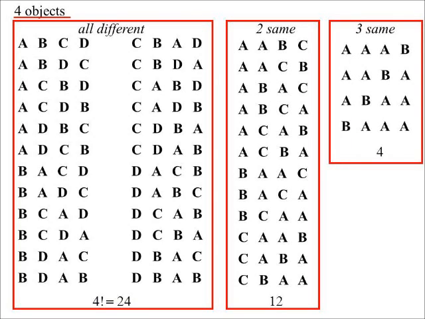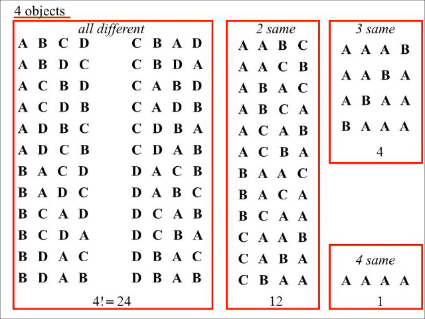If 3 are the same, what was it? We divide by 3, was it? Now, do we divide the 12 by the 3 or the 24 by the 3? 24. Okay. So yes, we're expecting 4. So we actually divided the 24 by 6, 2 times 3. And of course, 4 the same is 1.